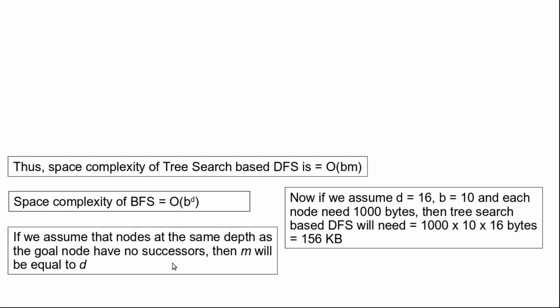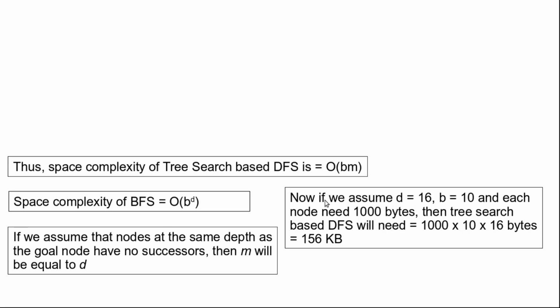Now with this assumption, if we assume d to be 16 and the branching factor to be 10, so d is 16 means that's the depth at which the shallowest goal node is present, and we assume that each node requires 1000 bytes.